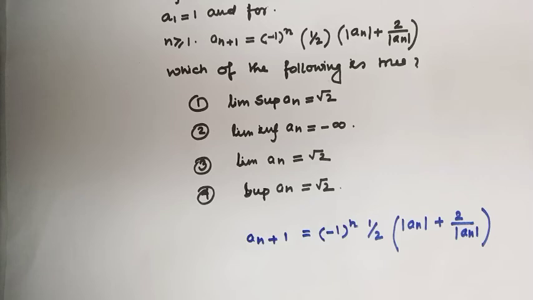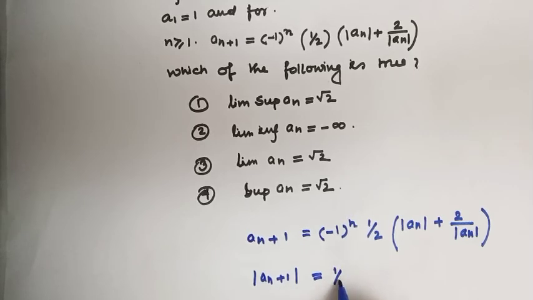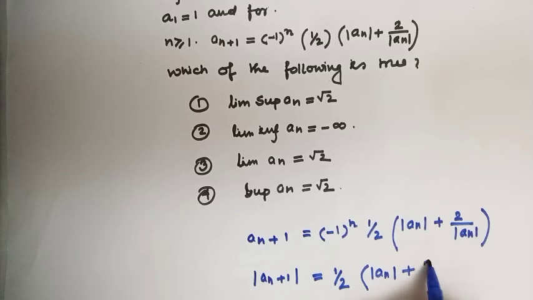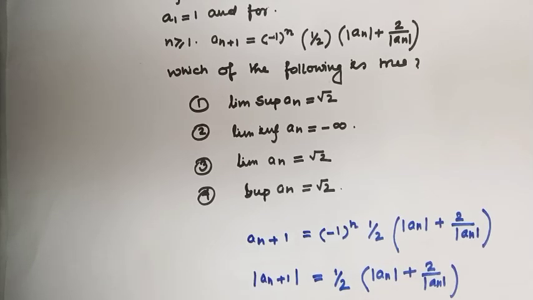Now I am applying mod on both sides. Why I am applying mod on both sides? You will understand in a few minutes. Now applying mod on both sides, what I did?